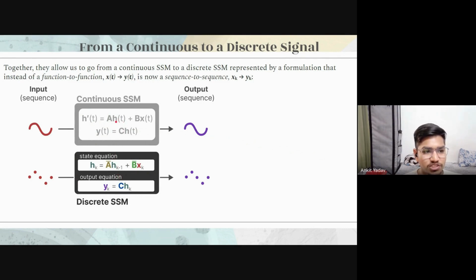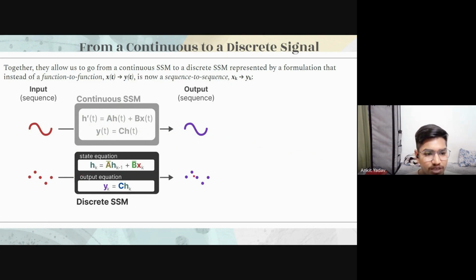Earlier it was h'(t) and h(t). Now we are not having a function in terms of time. It's a sequence-to-sequence thing. Earlier it was in terms of time, at time this, time this, time this; now it's in terms of k. If a sequence is of length L, I'll say at the kth location or k minus one location, I'll move like that.